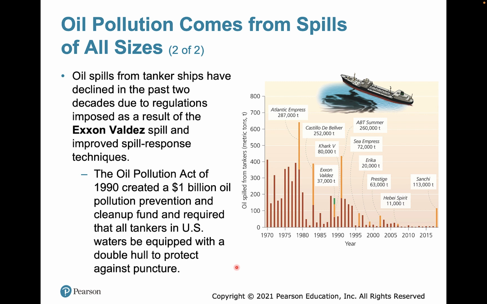The Exxon Valdez was a single hull ship, so it was one layer. This legislation required that there were two hulls. So there's the inner hull and then a space and then the outer hull. It's like double walled in essence to reduce the risk of rupture when a tanker runs aground.